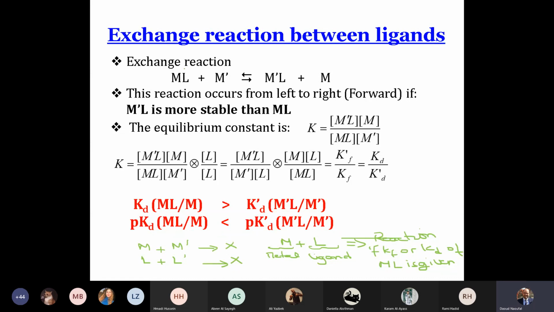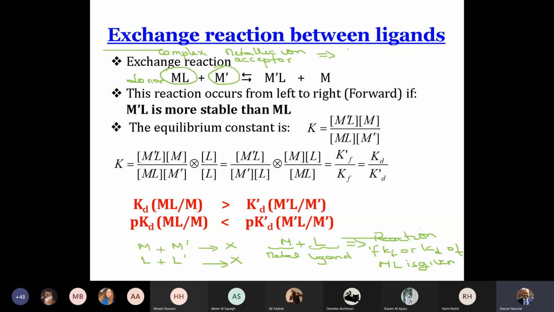Suppose I have a complex ML plus M prime, which is a metallic ion. In this case, the complex is donor. The M prime is acceptor.